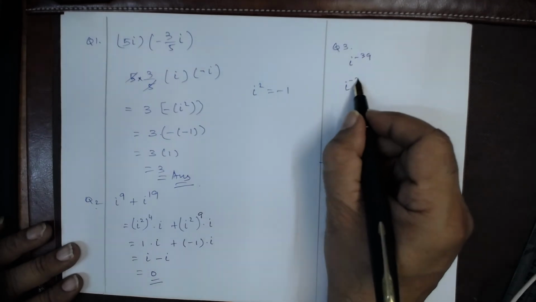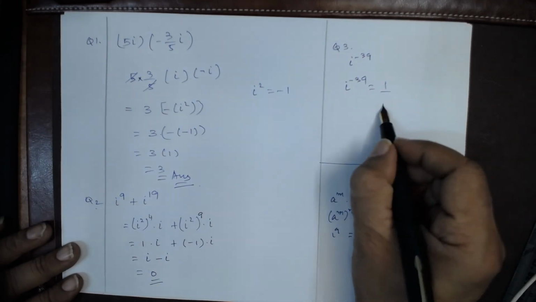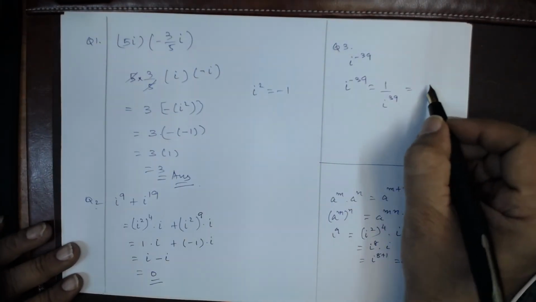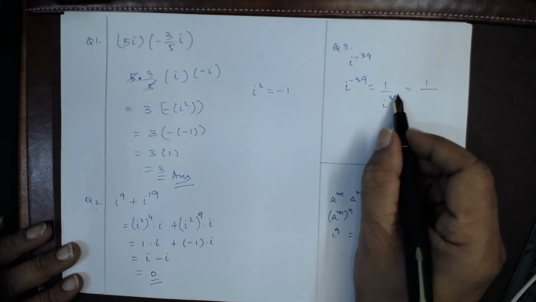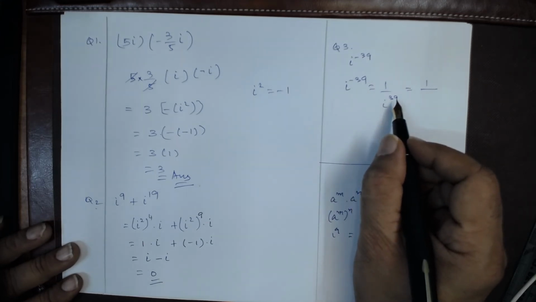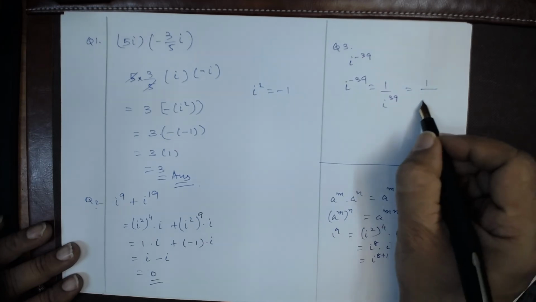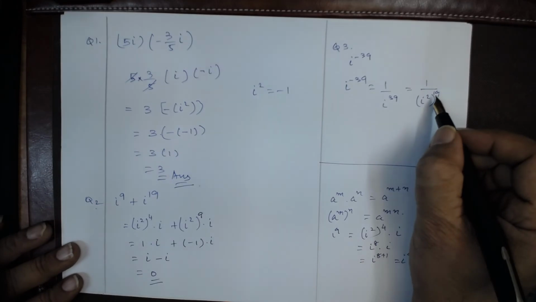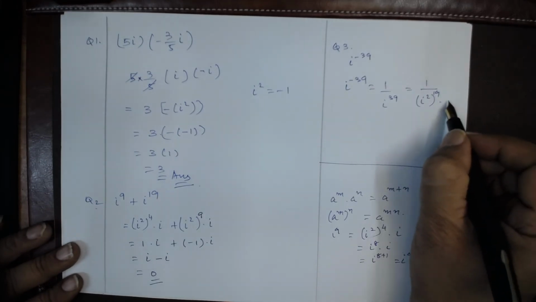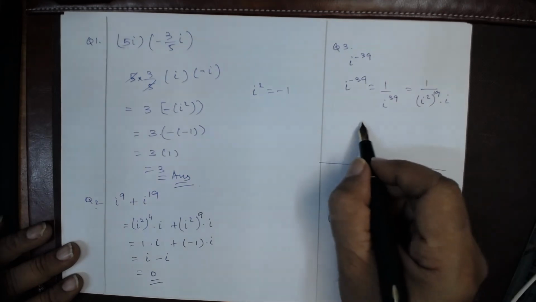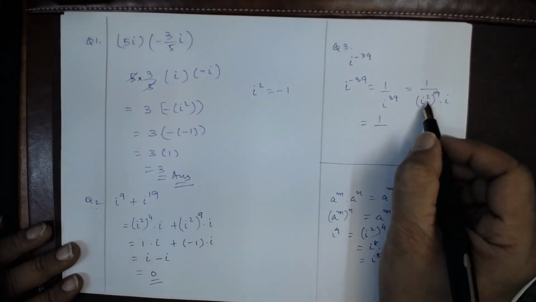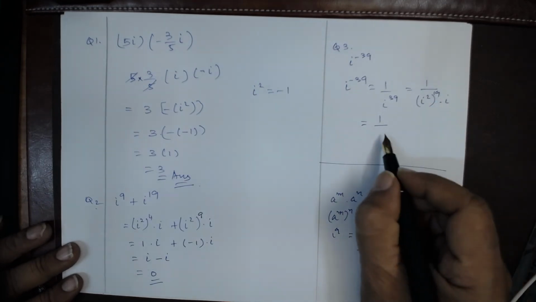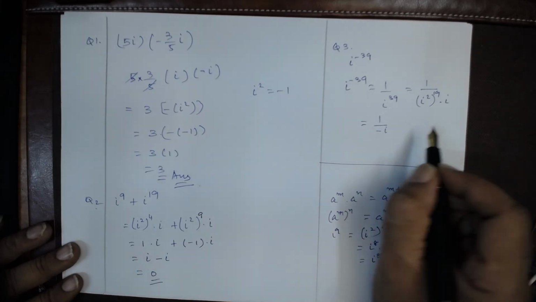So i to the power minus 39 is nothing but the reciprocal of i to the power plus 39, and then again 1 divided by i to the power 38 into i. So (i squared) whole to the power 19, 19 into 2 is 38, into i to the power 1. So that is equal to 1 divided by (i squared is minus 1), so minus 1 whole to the power odd number is minus 1, so minus i. Are you able to follow?